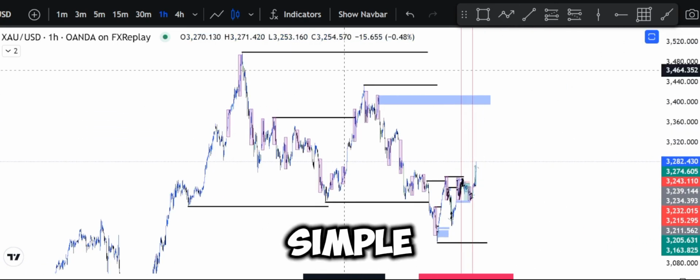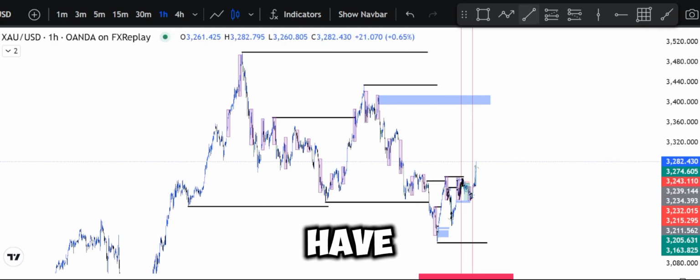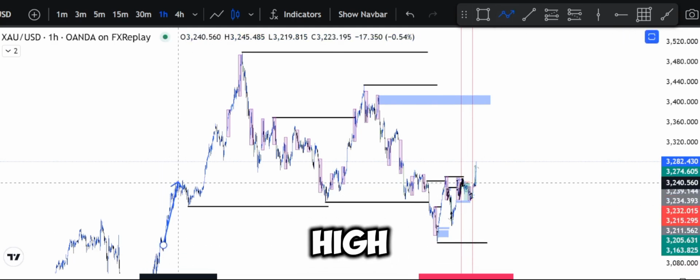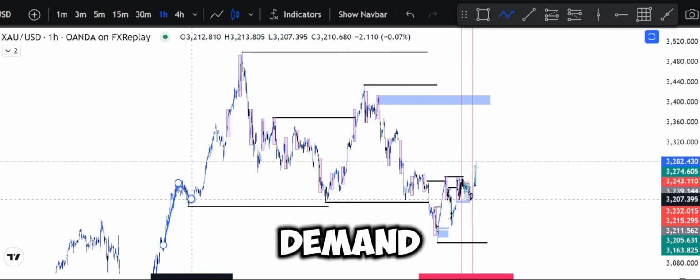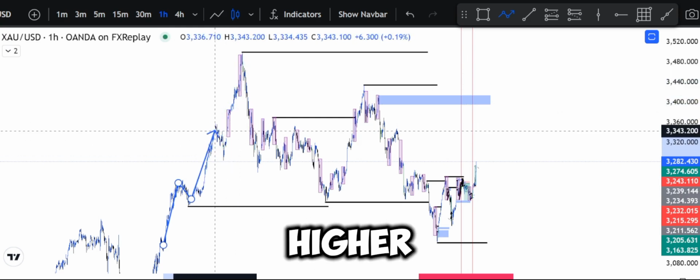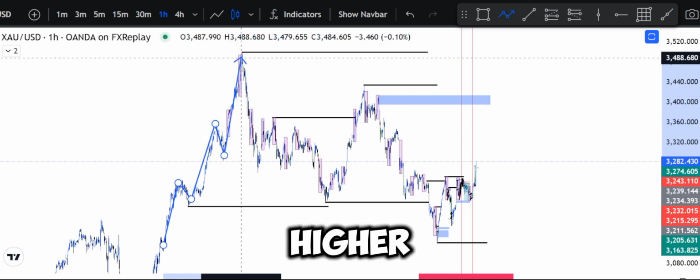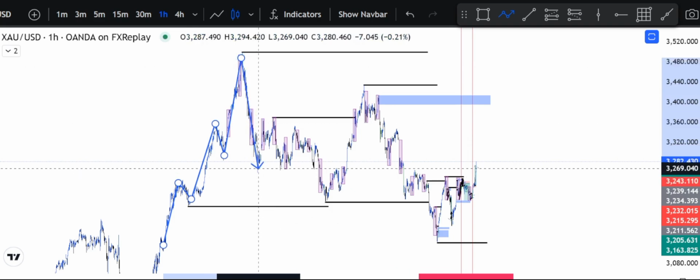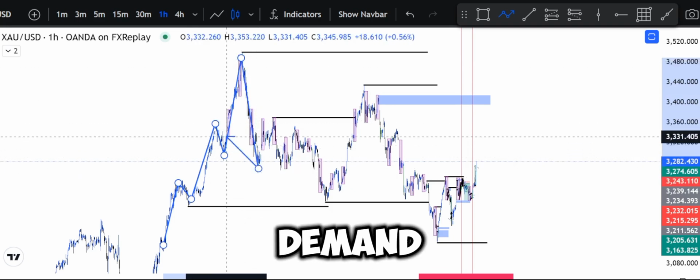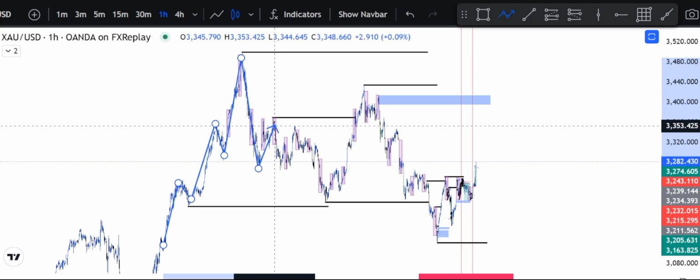The price action is simple, and we have higher high, higher low, left demand here, higher high, higher low, another demand here, higher high, then lower low. Price took out this demand, so supply is in control.